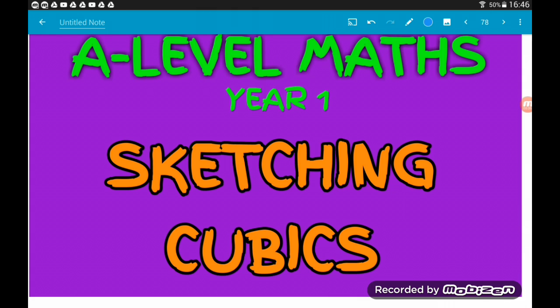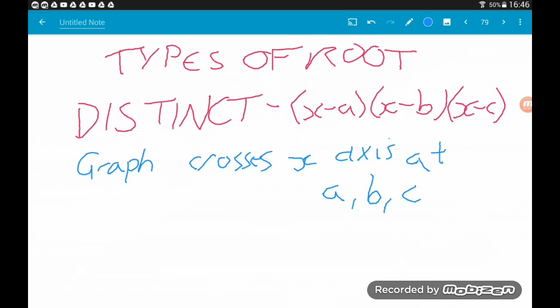Before we get going with sketching the graphs, I need to explain the different types of root that we might come across. Cubics will always cross the x-axis at least once. They have potential to cross the x-axis at 3 distinct or different places.